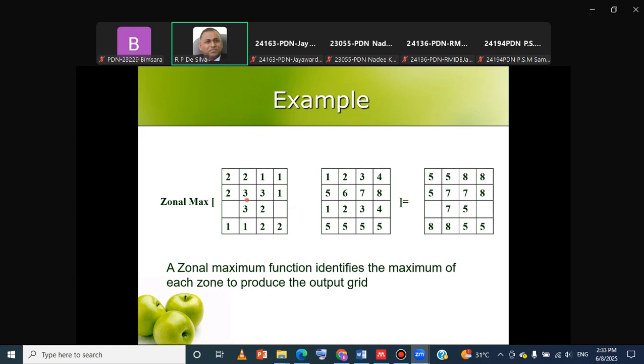Is it clear? If you have understood this correctly, can you calculate zonal min? Zonal minimum function, and just put the values.